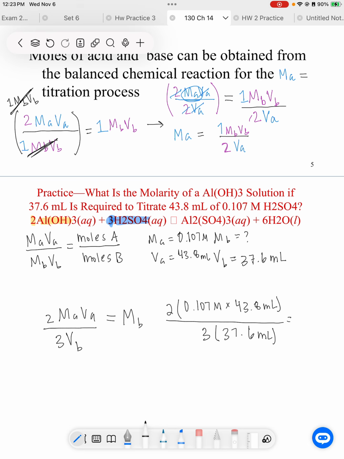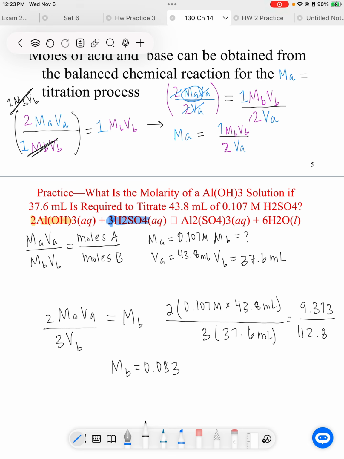So I'm going to multiply 0.107 times 43.8 by 2, and I get 9.373 divided by 3 times 37.6, which gives me 112.8. I'm going to divide that and get our answer. So I get the molarity of our base to be 0.083.